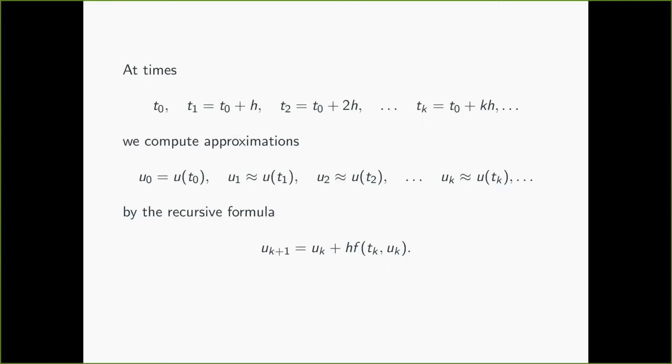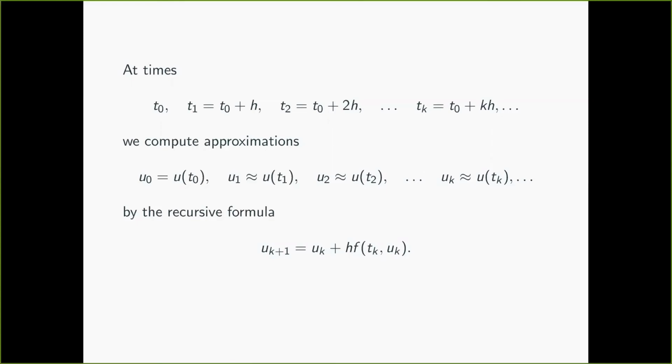And at each of those points in time, we compute approximations of u at those points in time. So we already know u0, which is u at t0. It's just the initial condition. We know that one exactly. And next, we're going to approximate u at time t1 by some value u1. Then u2 is an approximation of u at time t2. u3 is going to be an approximation of u at time t3.